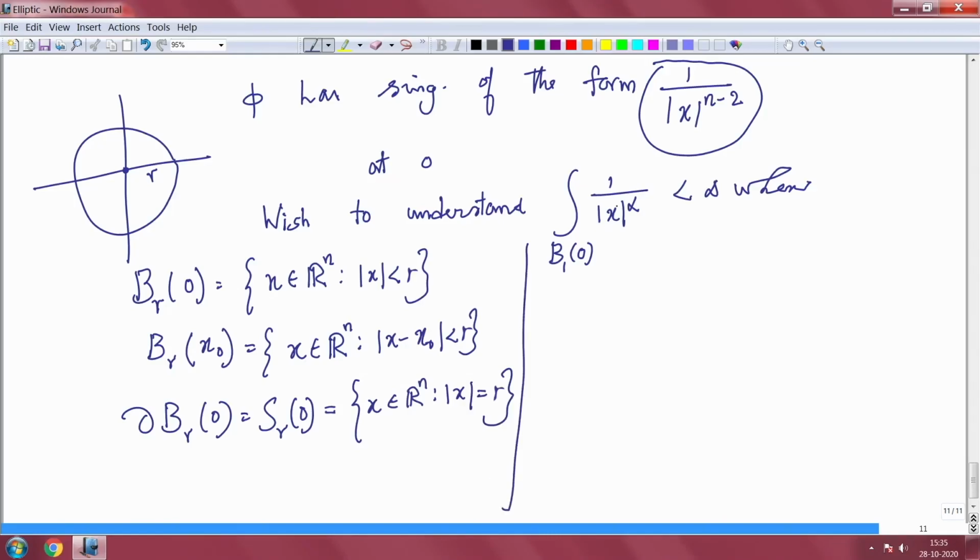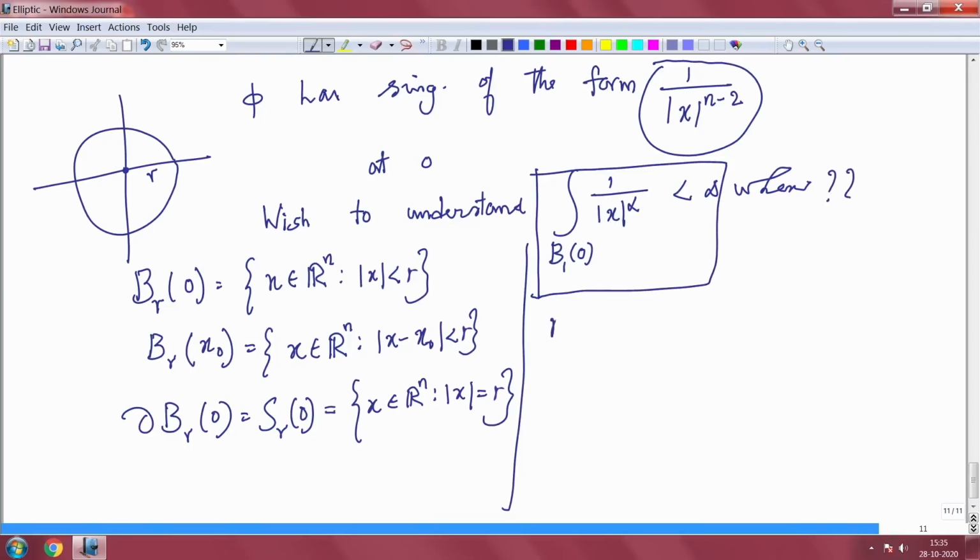Since the singularity of 1 by mod x power alpha is at the origin, it is enough to check near the origin. At other points there is no need to check because the function is smooth, C infinity, so you do not have to worry about it.